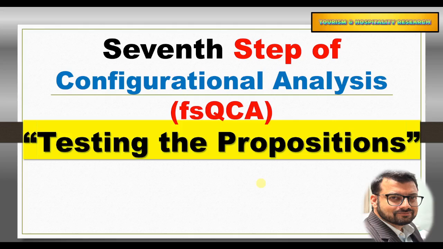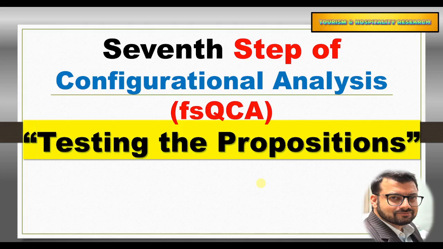Propositions are basically the combinations of the conditions which lead to the specific outcome. They are built upon an extensive review of literature, and once we analyze the data in fsQCA software, we are done with the truth table analysis.